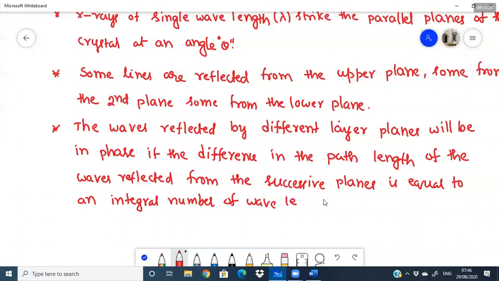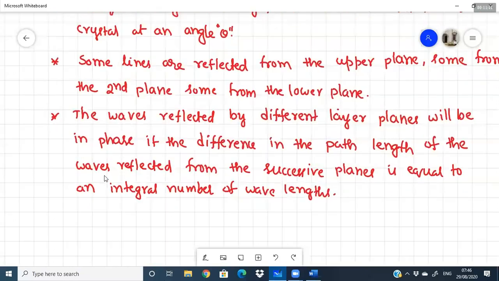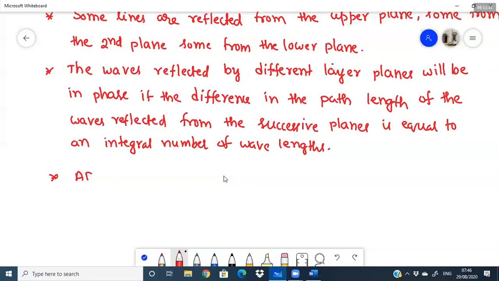From the graph, AD and AC are perpendicular down to the incident and reflected beams.